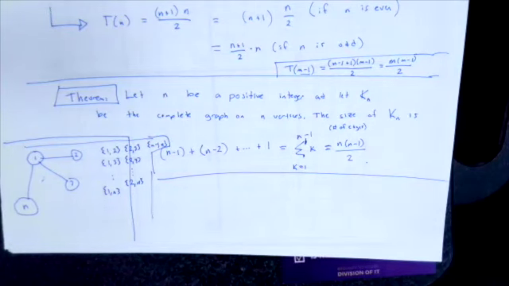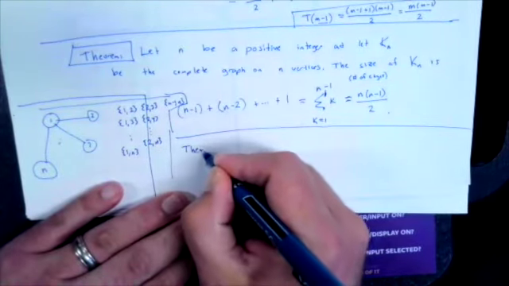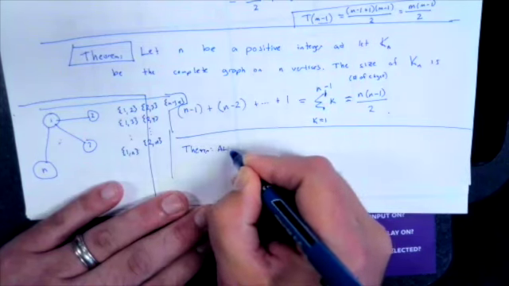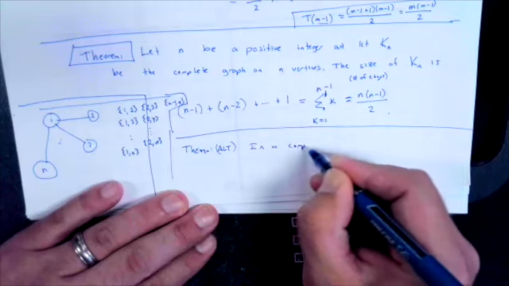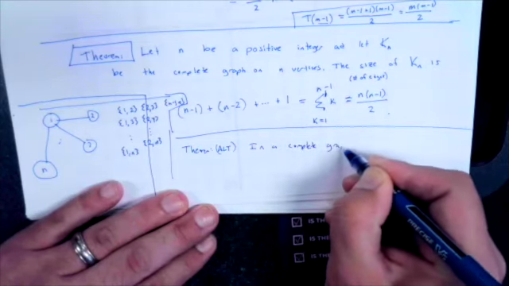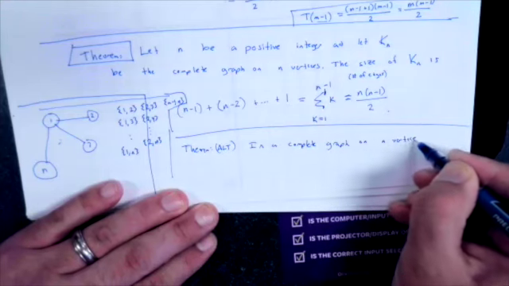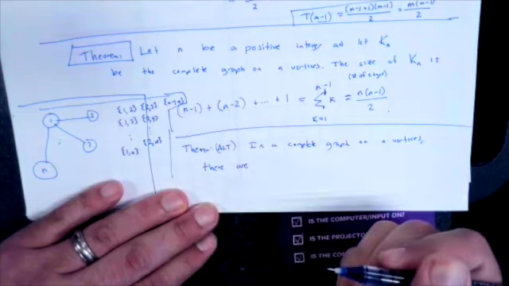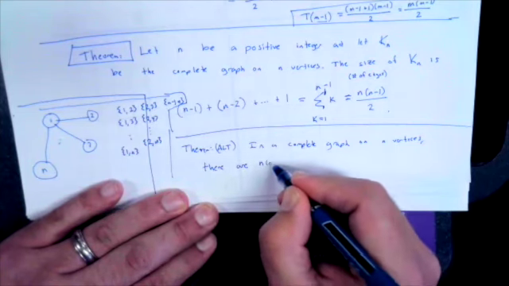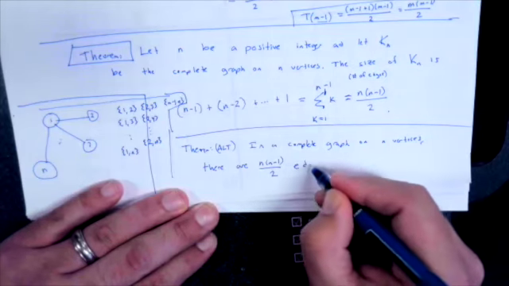Or, if you don't like the way I've said it here, alternative theorem: in a complete graph on n vertices, there are n times n minus 1 over 2 edges.